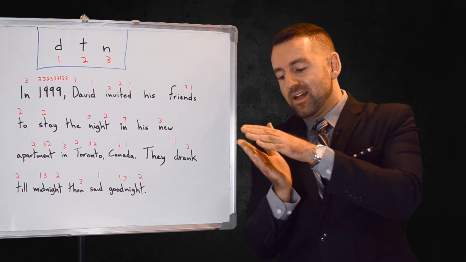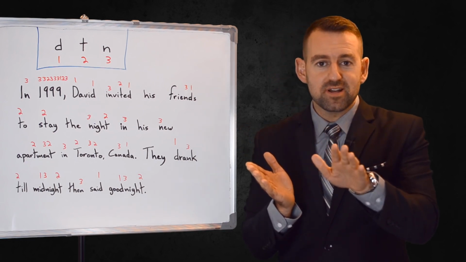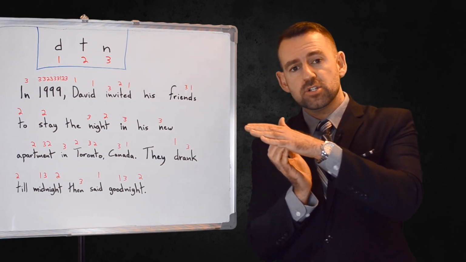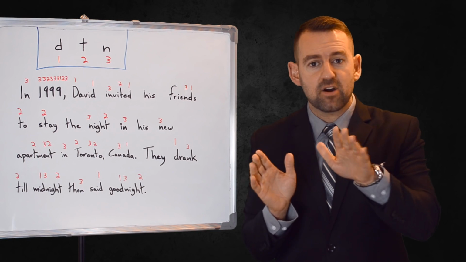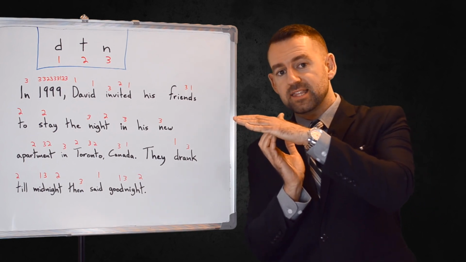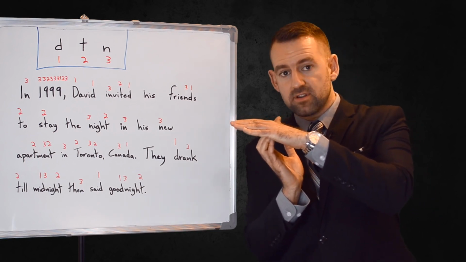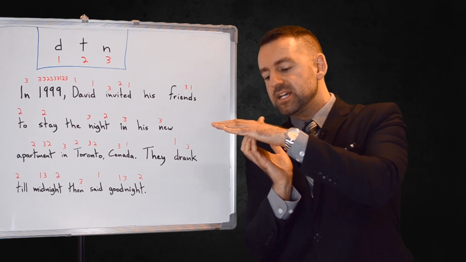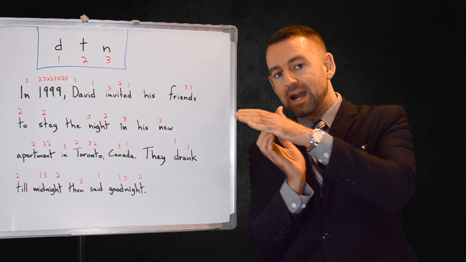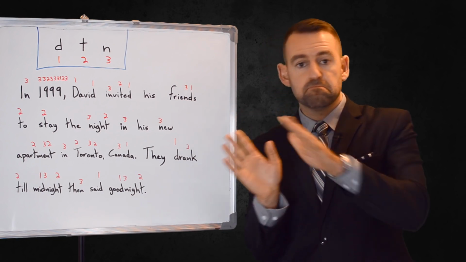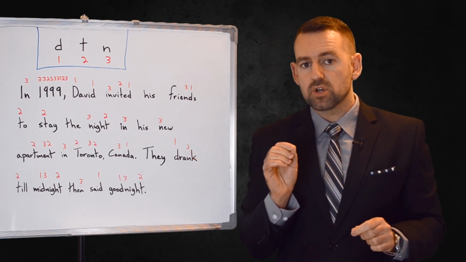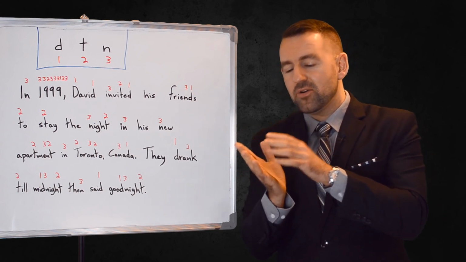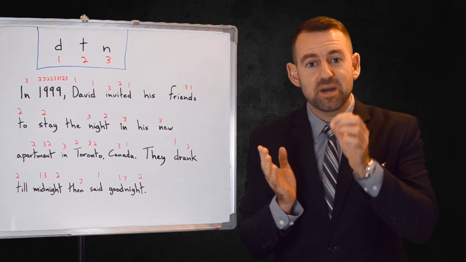So, I don't know what you can do to stop your tongue from going back. In English, we don't have any sounds where our tongue is like this. Never. My tongue, when I speak English, my tongue never curls back like this. Duh. Never. Okay, so just somehow keep your tongue in the middle.